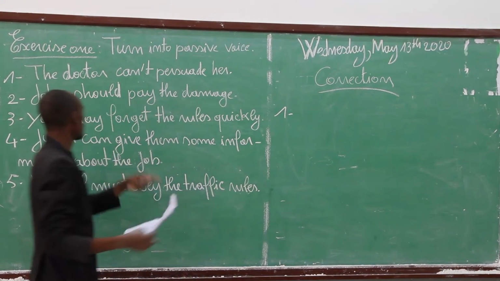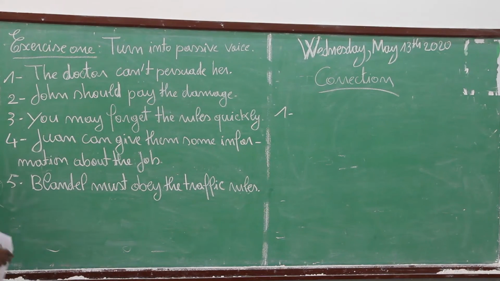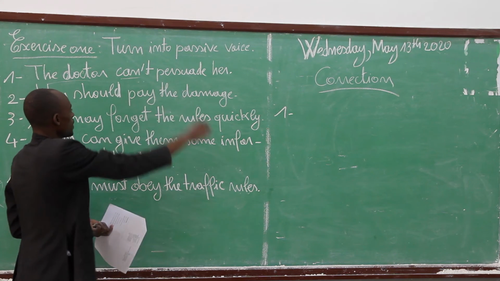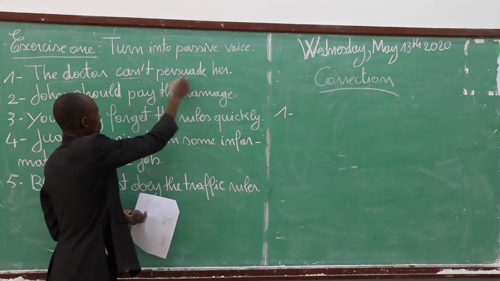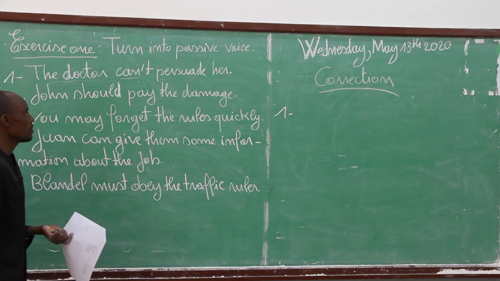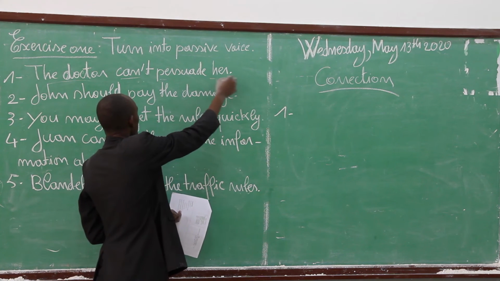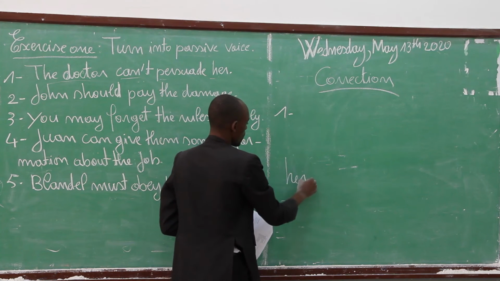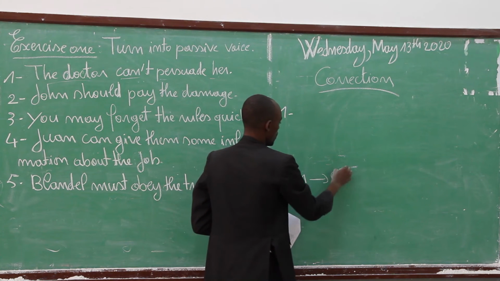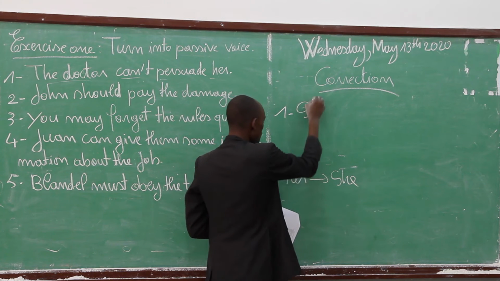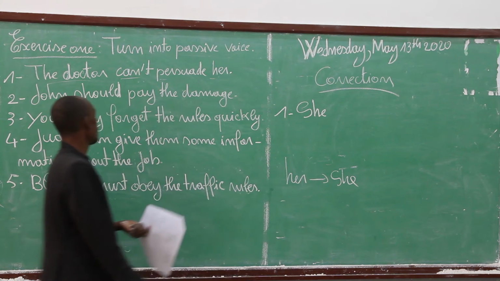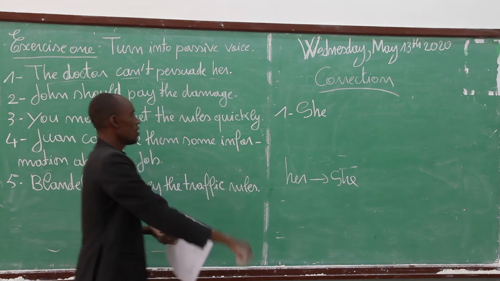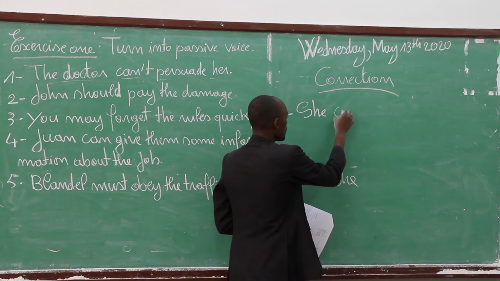Let's start with the first sentence. We have the subject, the verb in negative form, and persuade, which is a verb in infinitive. And here we have the object, her. Her in passive voice becomes she. After the subject, we take the modal verb in negative form, she can't.